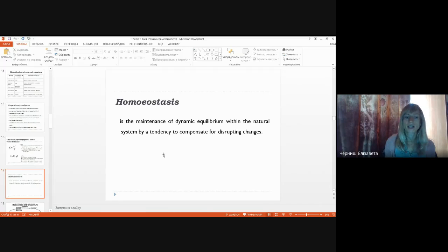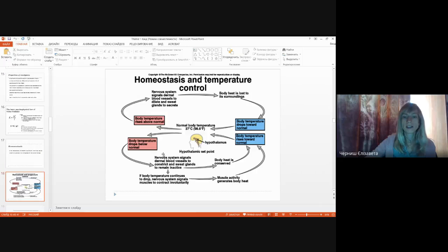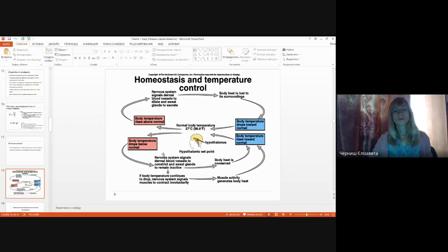So these are biological and chemical processes in our organism that can adapt to changes. It's very important for our life, and you can see an example of homeostasis in temperature control.